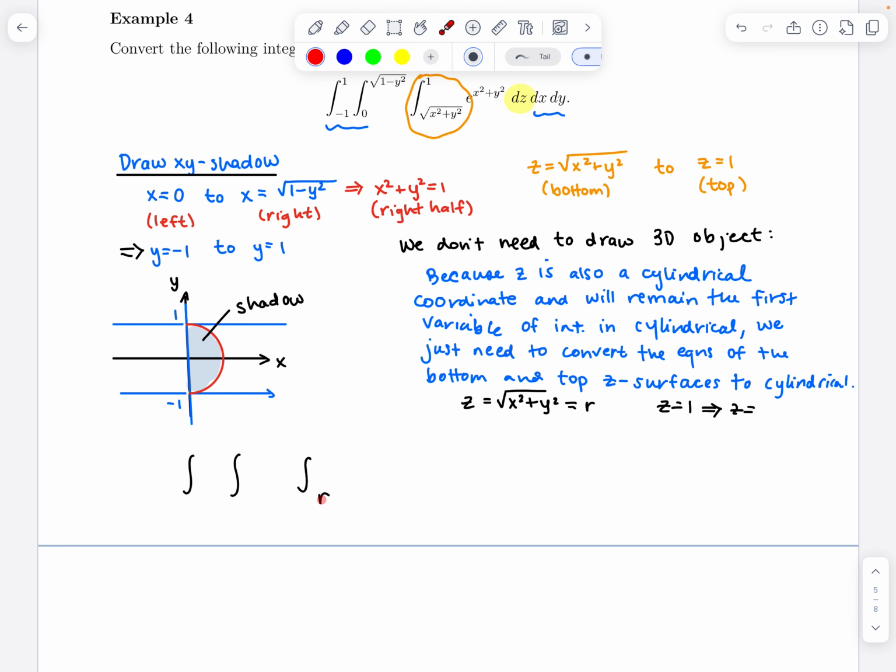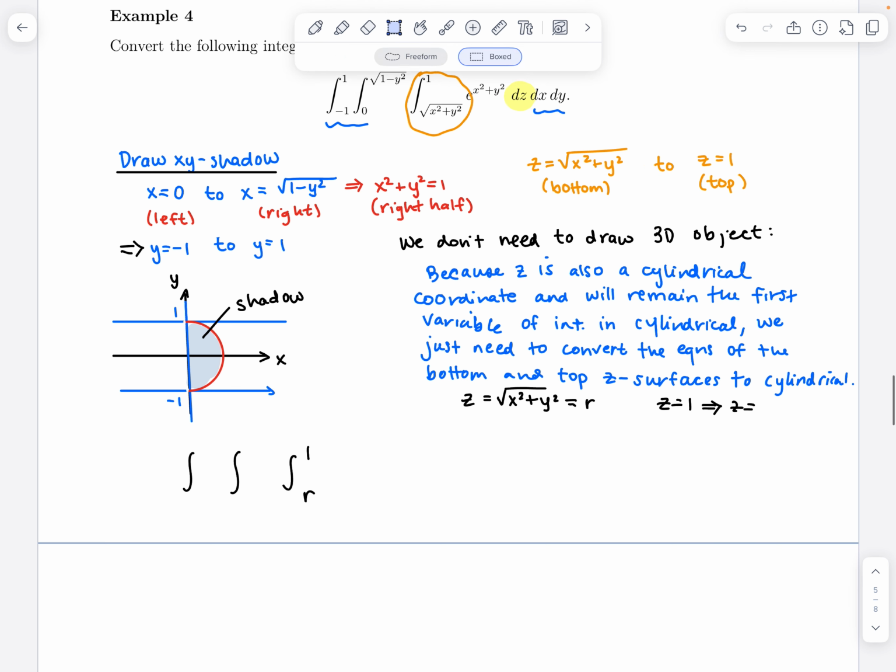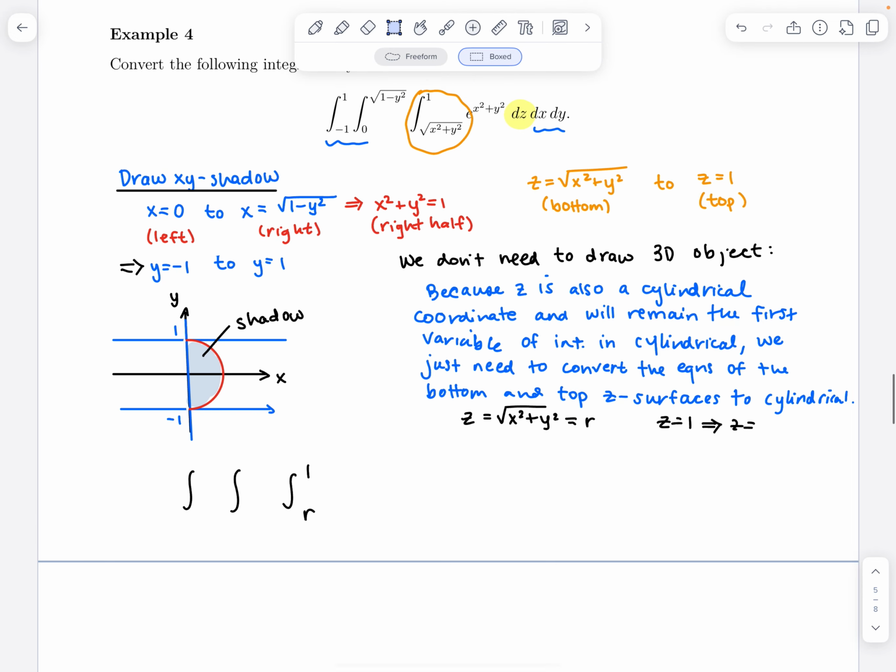That's still my same bottom bound because I'm still moving from bottom surface to top surface in the z direction within cylindrical, and the top surface stays as 1. Now the only thing that's going to be different is I'm going to set up a polar double integral to integrate my shadow. So I want to think about, if I draw sample rays, where do they enter my region and where do they exit?